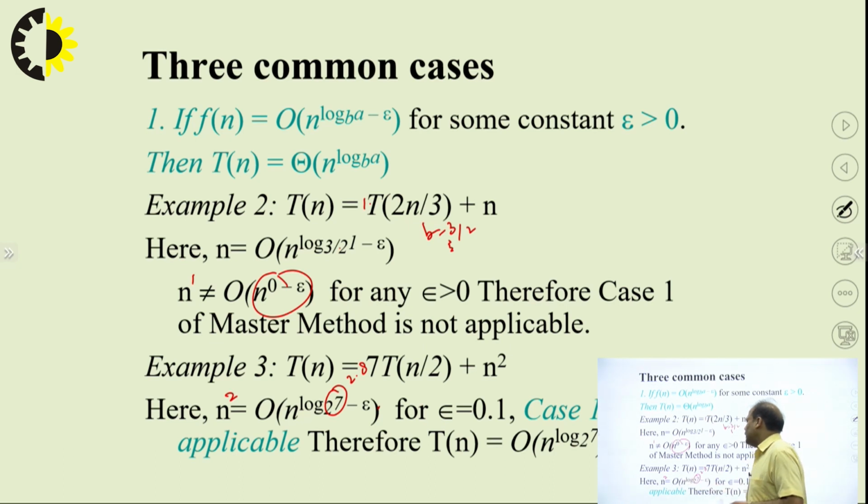So definitely n square is less than n to the power 2.8. Even we can subtract a small value, let's say 0.1. We can get many epsilon. Not necessary that we are getting only 1 epsilon. So that means case 1 is applicable. Hence Tn is given by theta of n to the power log 7 base 2.